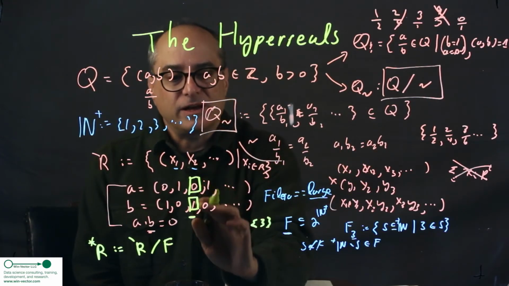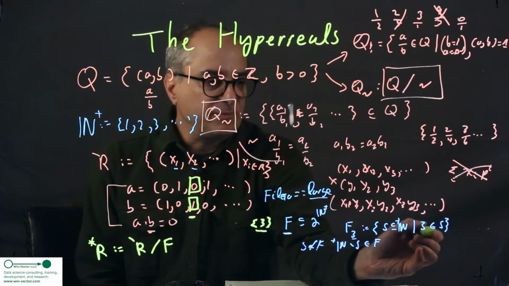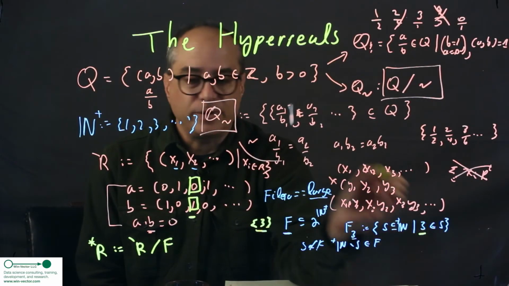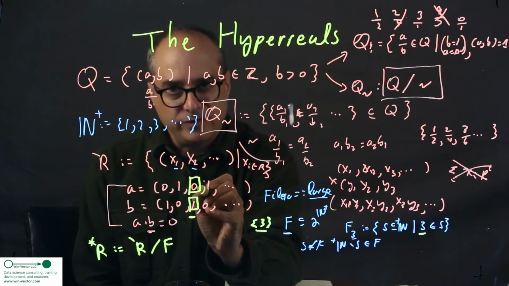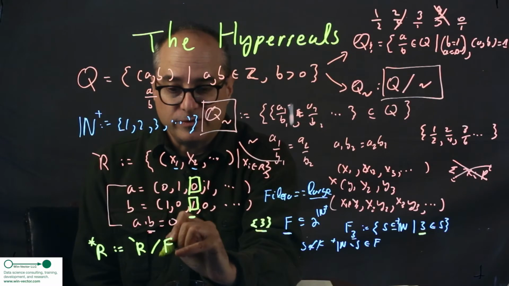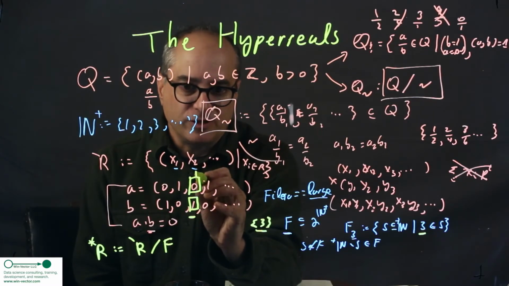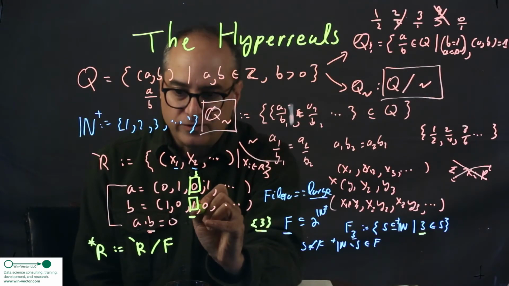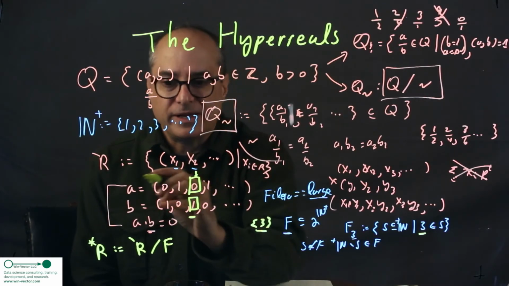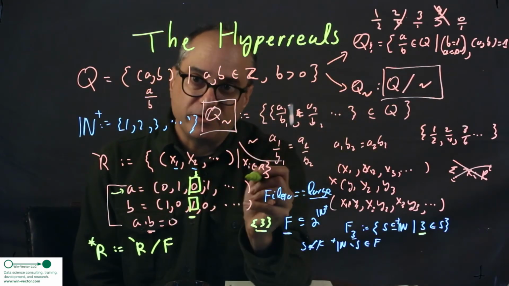But this is called a principal filter, so we really only need to examine this special set {3}. So this number is equal to 0 under our equivalence relationship because it matches 0 on a large set, position 3. This number is not in the equivalence class of 0. So A times B is 0 because A was already in the equivalence class of 0. A was already a representation of 0.